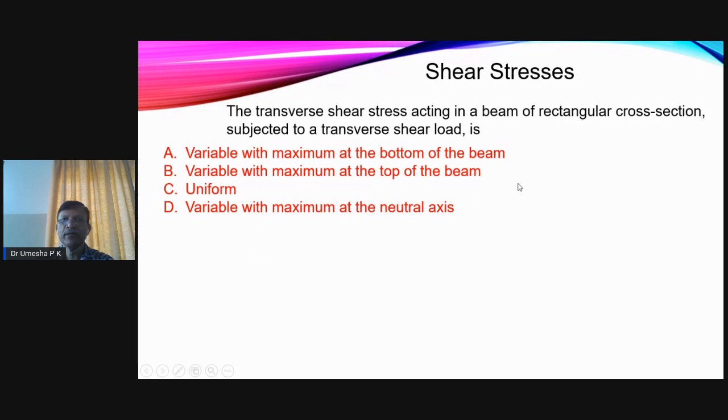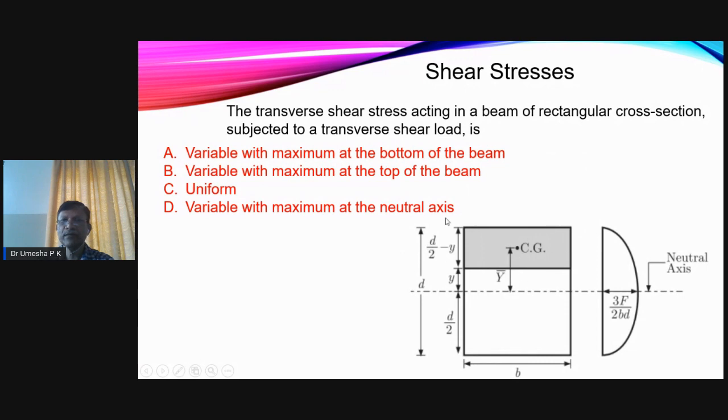We know that in any rectangular section, the shear stress varies like this. It will be 0 at the top and bottom, and it will be maximum at the neutral axis. So answer D is the correct answer.